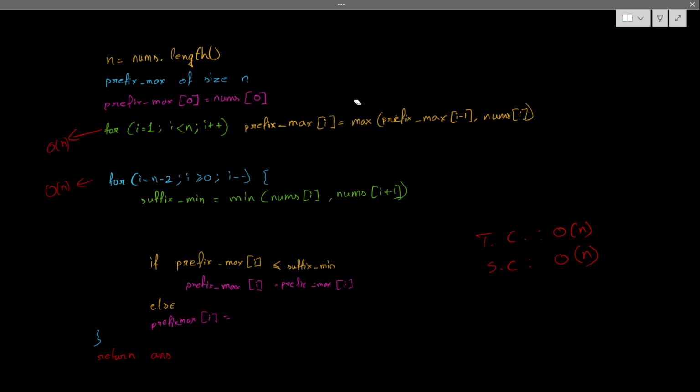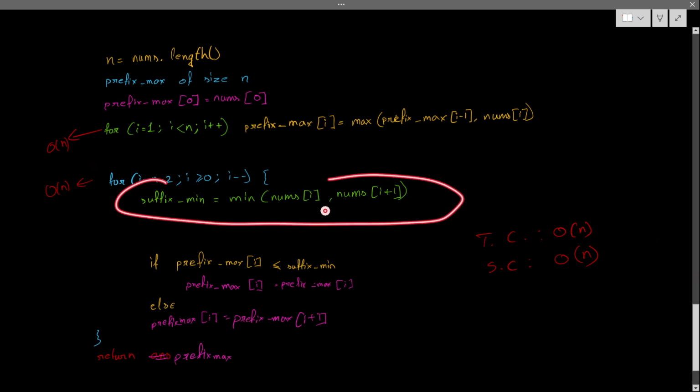So I'll remove some of the part and write again, because prefix max of I plus 1, and return prefix max. Okay, but the thing is, I cannot calculate the suffix min at this place.